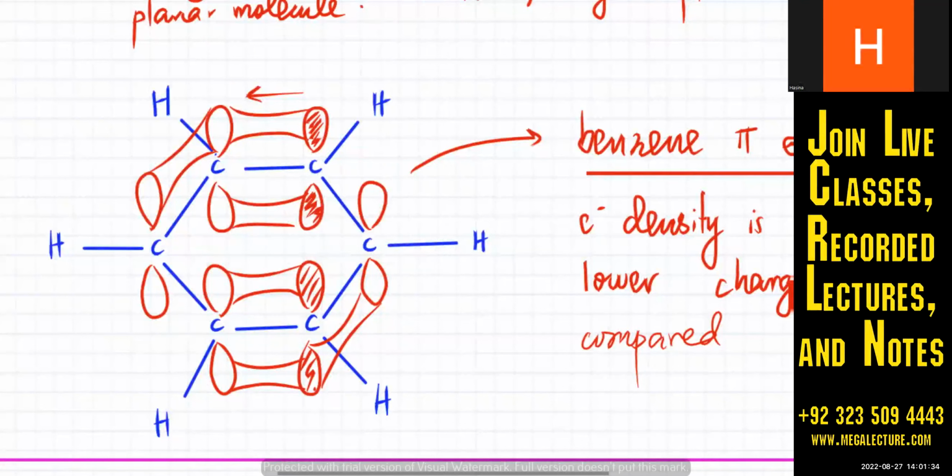Every carbon atom has this p orbital, and those p orbitals will overlap and form these double bonds.